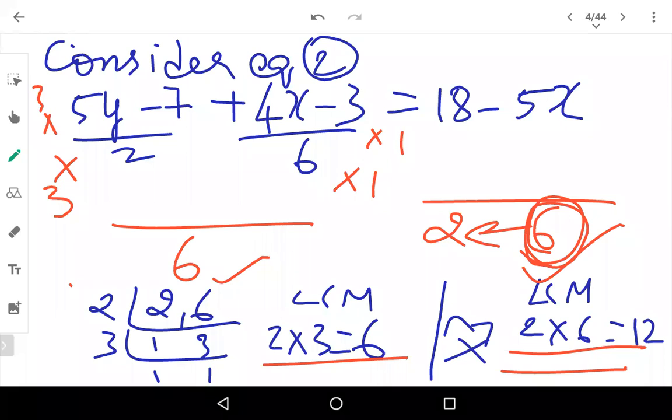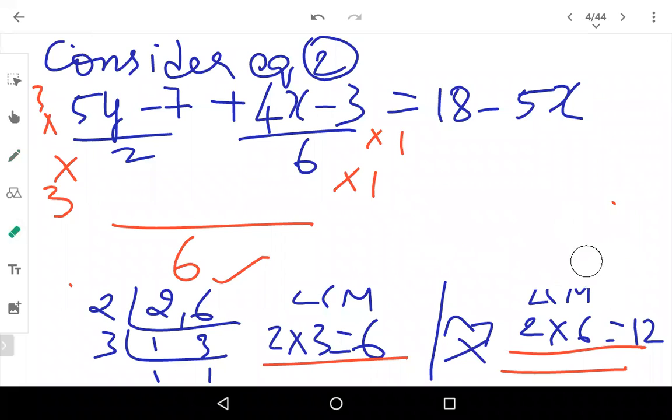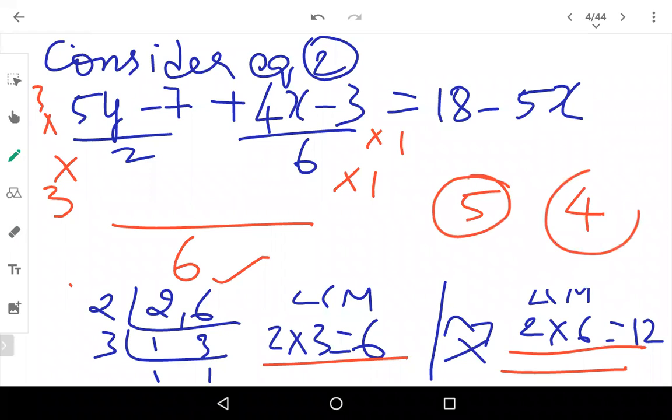But we did not do this for 5 and 4. Why? Because 5 and 4 are not multiples of each other anywhere. At no point will you get 5 by multiplying 4 with something, or 4 by multiplying 5.